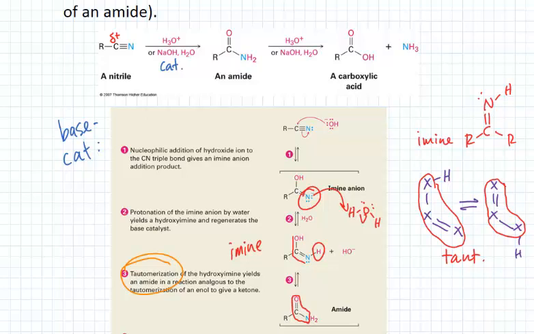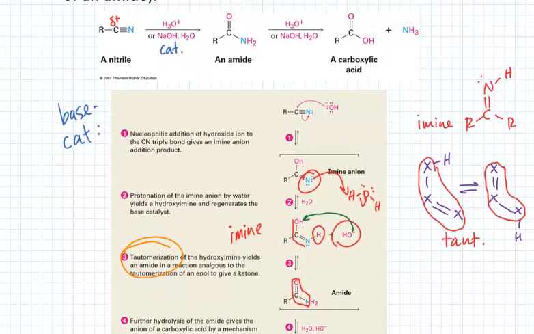And if it is base catalyzed tautomerization, the OH minus starts the job. Use a different color here. Let's remove, because we're going to have to get rid of this H here, let's start with that. That's going to make an O minus. Draw that right here.